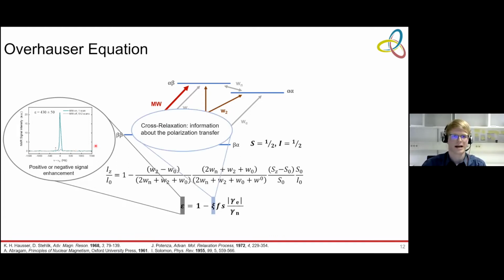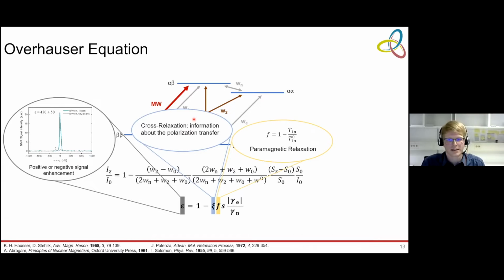Then we have the coupling factor, which is a descriptor of the cross-relaxation and contains the information of how the polarization is transferred, so what is the underlying mechanism of this polarization transfer.